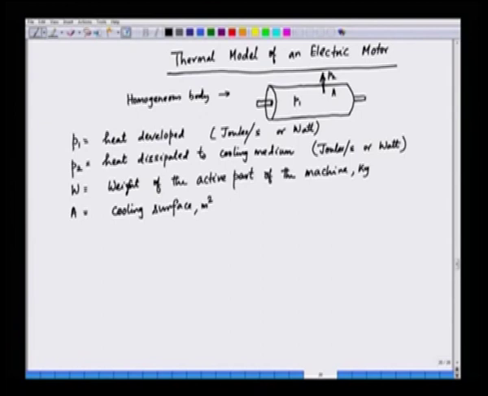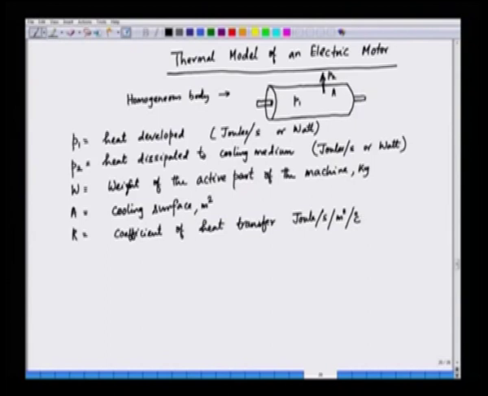So, that is in meter square, and then we have K, the coefficient of heat transfer, and this is primarily in joules per second per meter square per degree centigrade.